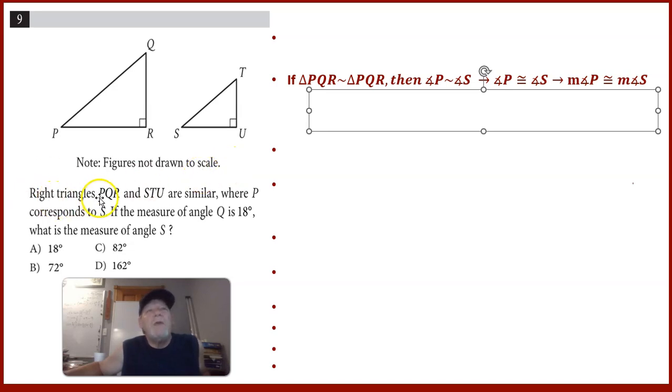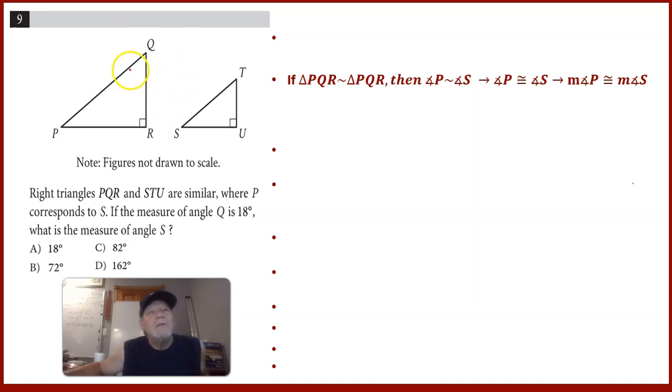Right triangle PQR, which is this bigger triangle, and STU are similar. P corresponds with S. So P and S happen to be listed first in a similarity statement. That's important. If the measure of Q is 18, I could write that in, I could say this is 18.